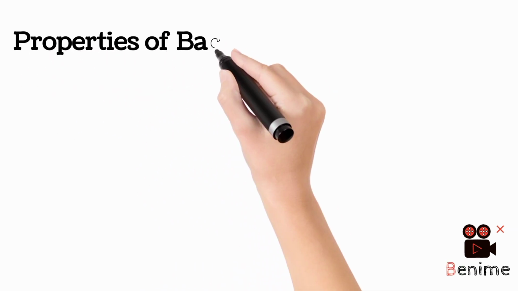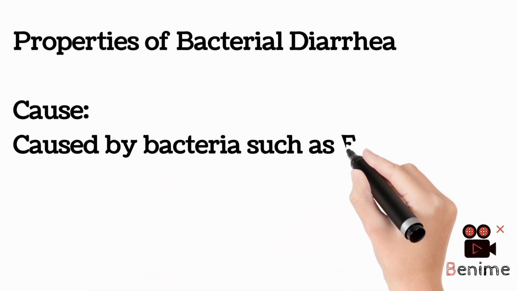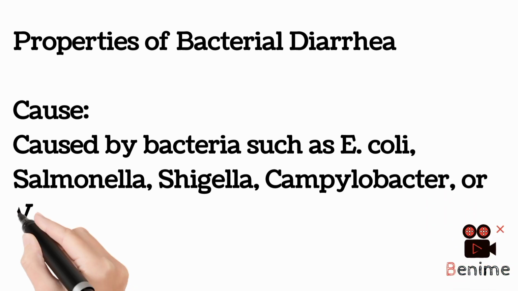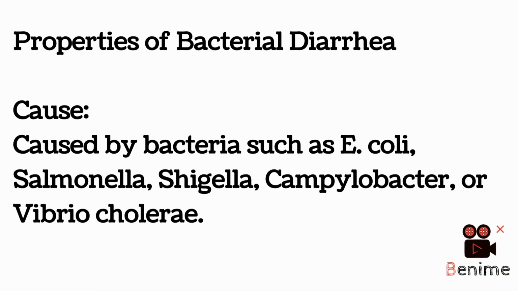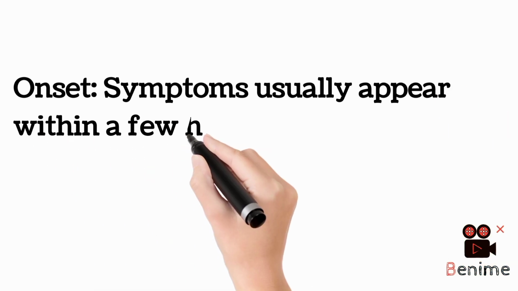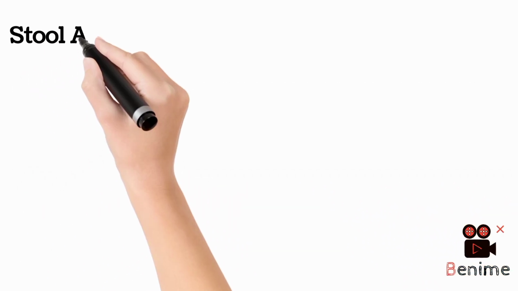Properties of bacterial diarrhea. Caused by bacteria such as E. coli, Salmonella, Shigella, Campylobacter, or Vibrio cholerae. Onset. Symptoms usually appear within a few hours to a few days after exposure. Stool appearance.